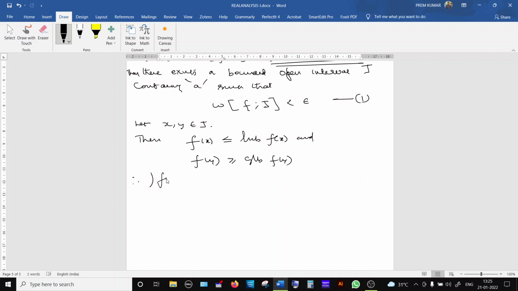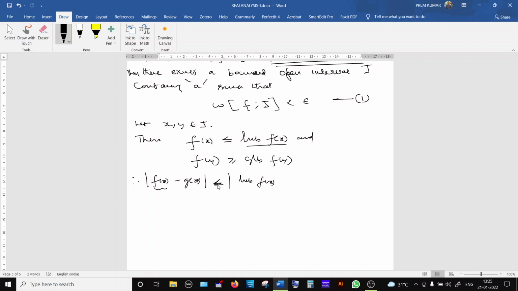So what is f of x minus f of y? f of x is less than or equal to what? In place of f of x, we are going to put the LUB, since the LUB is greater than or equal to this.